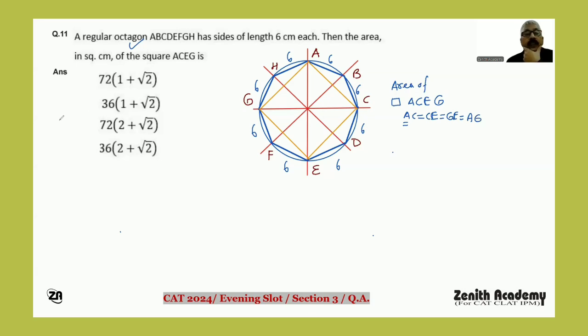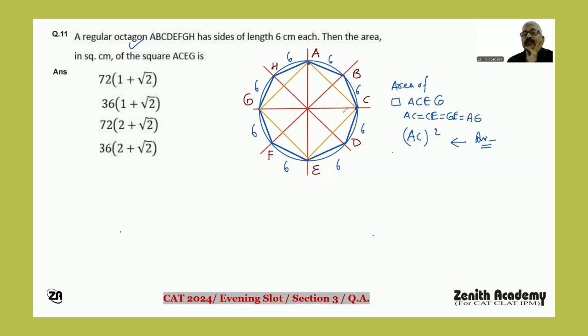So we can say the area is AC square. So this will be the answer. So find AC square. If this is found, we are done.